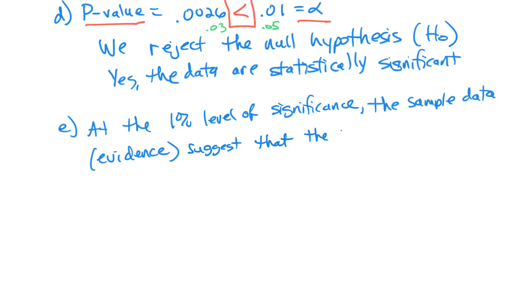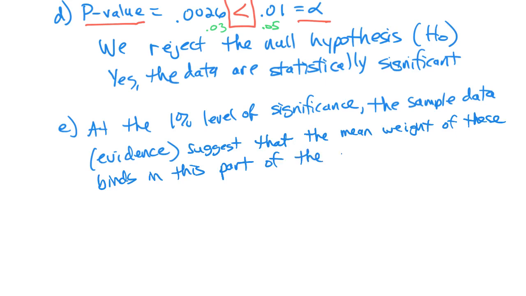the mean weight of these birds in this part of the Grand Canyon is less than 4.55 grams.